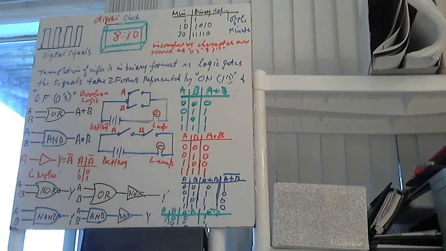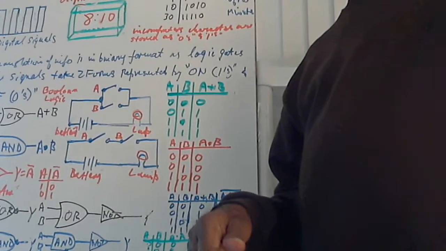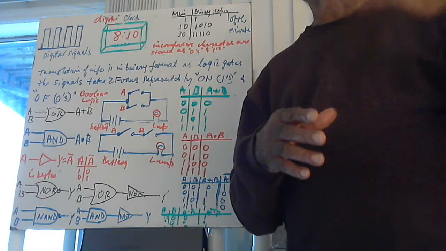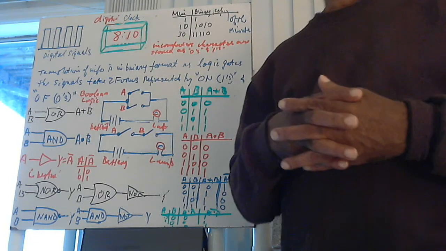Okay. Now, we need to talk about some differences, some advantages and disadvantages of the digital system and the analog system. So if you look at the digital and look at some advantages, we can say it is more durable.